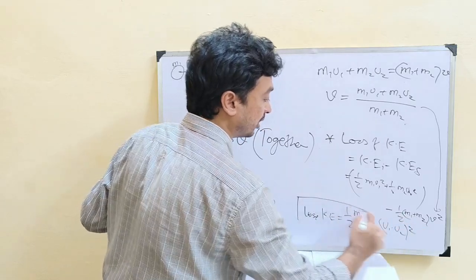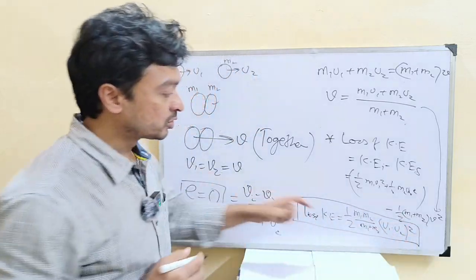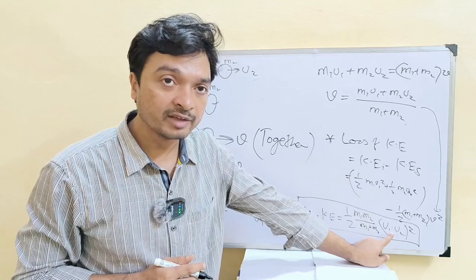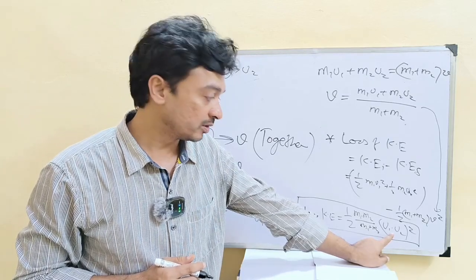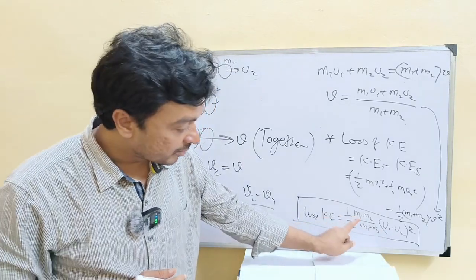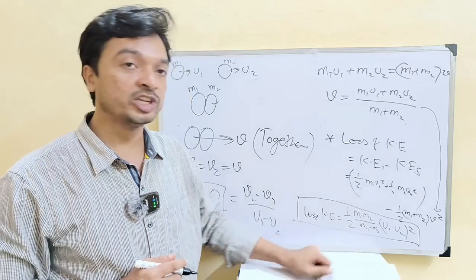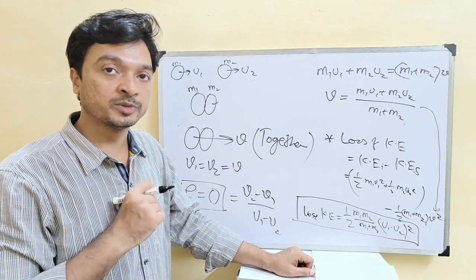Sometimes you can also call it relative velocity or velocity of approach. This m1 m2 divided by m1 plus m2 is known as the reduced mass of the system.